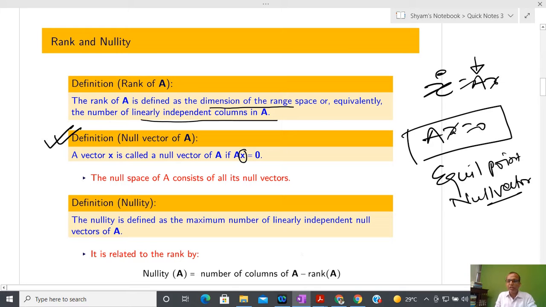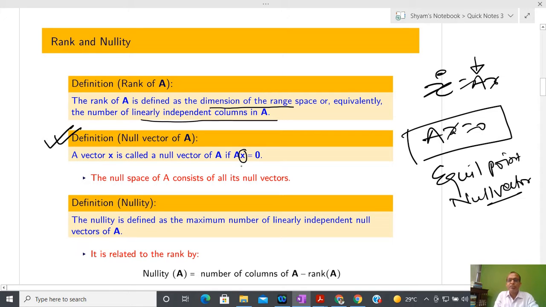Okay, now let us come to the definition of nullity. So nullity is defined as the maximum number of linearly independent null vectors of A. Okay, so what happens now? Suppose the dimension of A is n cross n or n cross m, it is possible to show that the number of null vectors is less than the required one.